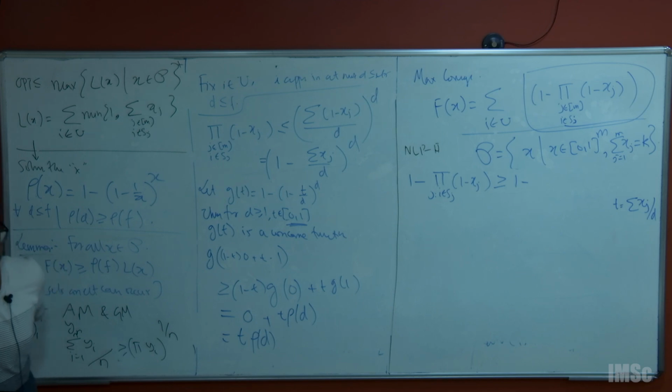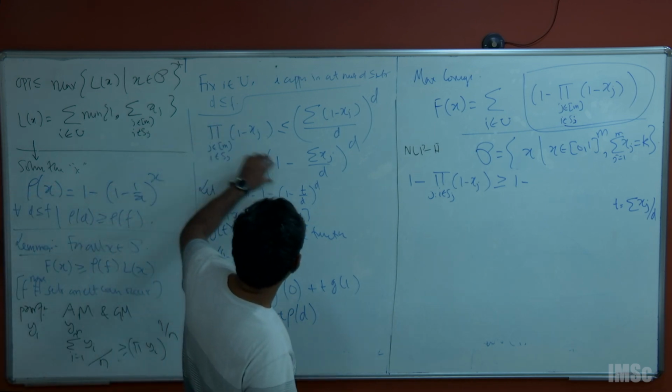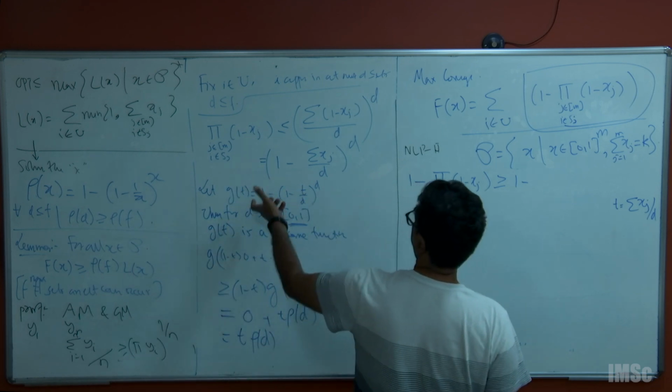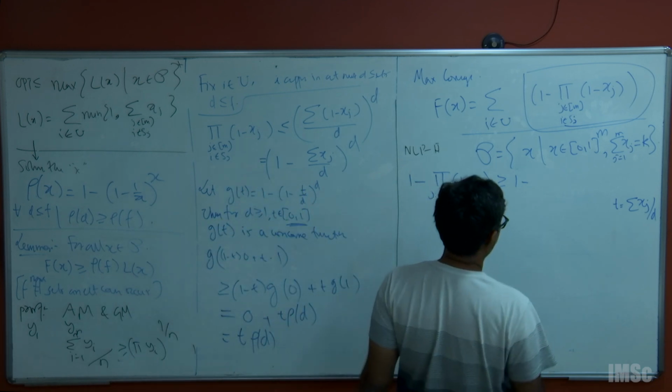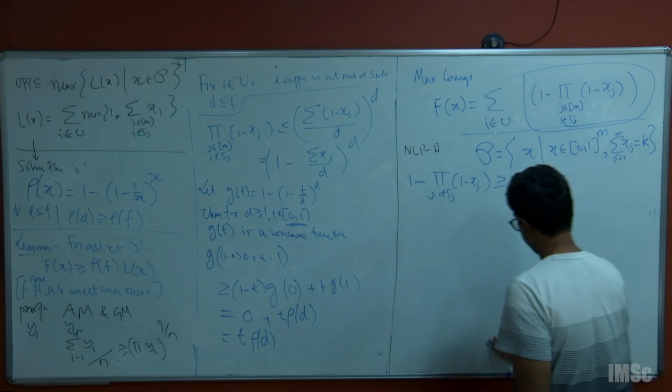Why not just do summation of xj? T is equal to summation of xj. So, no, what I am saying is that this quantity is less than this. So, if I do 1 minus this, then you want to compare the expression you get, after 1, to gt, right? So that way summation of xj should be t.